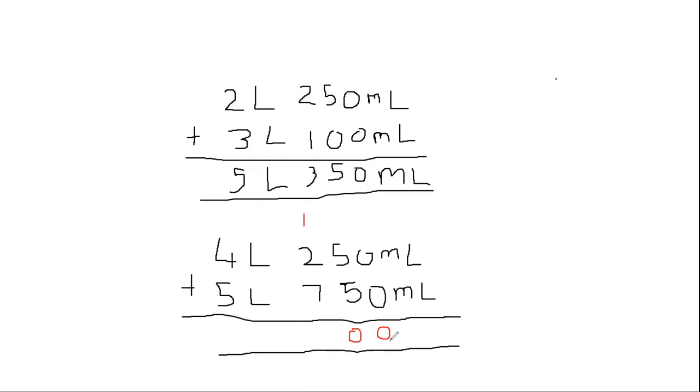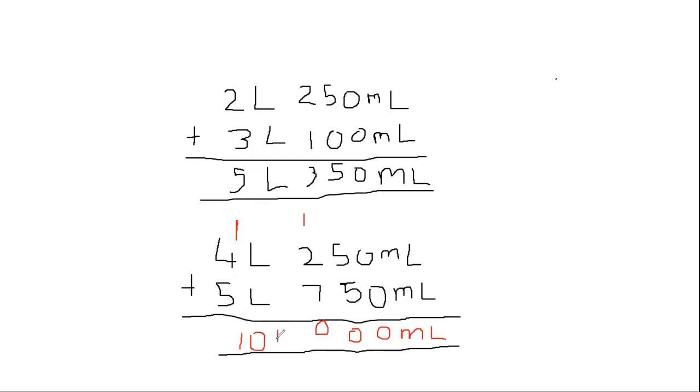So now since this has become 1,000, I add 1 here. All of this is now 0, 0, 0, 0 milliliters. And because this has become 1,000, I add it here. 1 plus 4 is 5, plus 5 becomes 10.